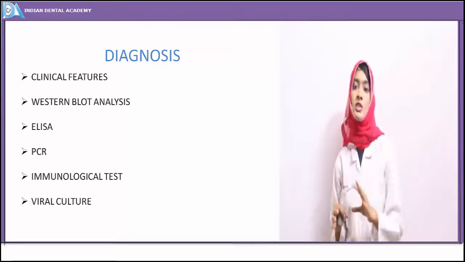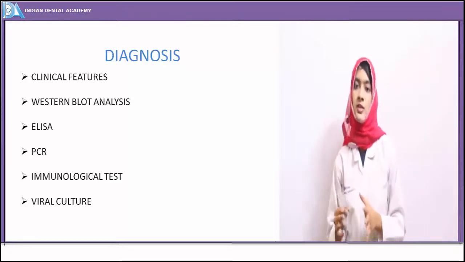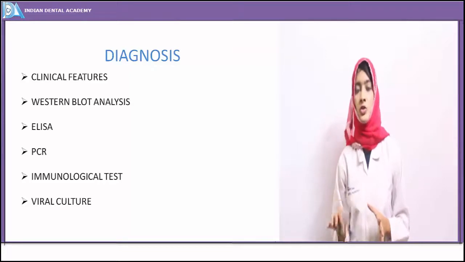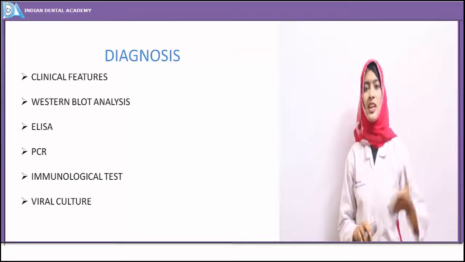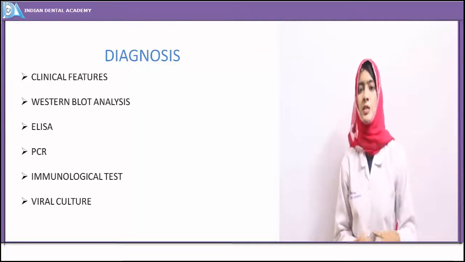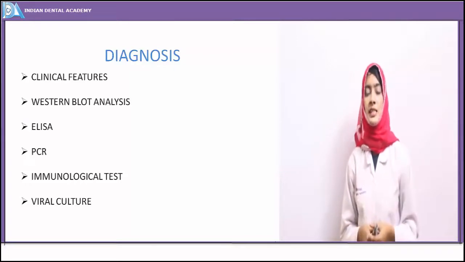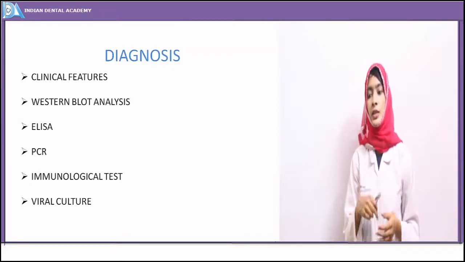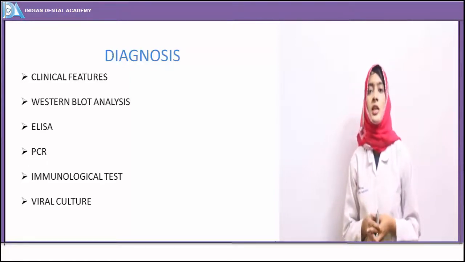So when 3 kits show that the HIV virus is positive, the individual is given the diagnosis of HIV positive. Whereas the Western blot analysis test is not heavily recommended once the ELISA test is performed, but Western blot analysis is more specific as it gives the diagnosis in the form of bands of proteins.